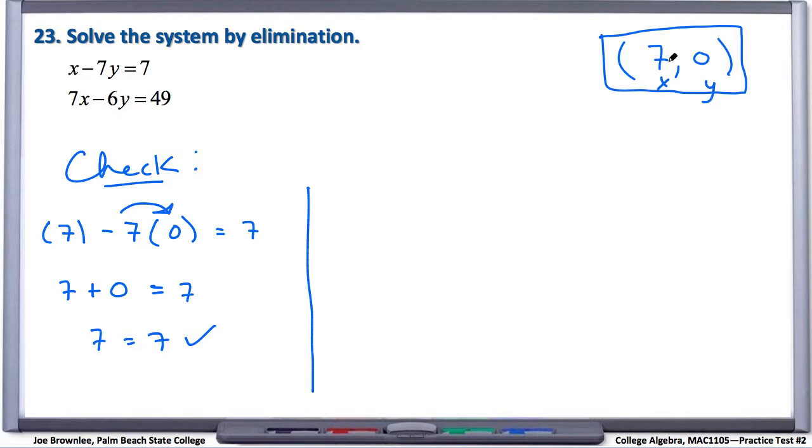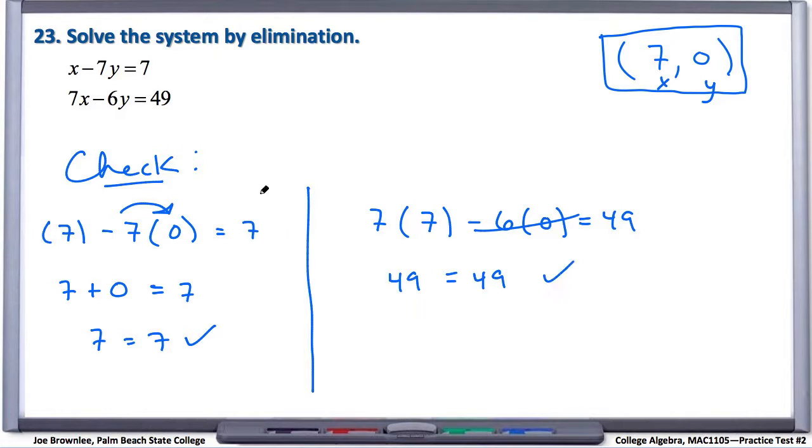All right, let's see if our solution works in equation 2. So we have 7 times 7 minus 6 times 0 equals 49. Well, 7 times 7 is 49. Negative 6 times 0 is 0, so that goes away, equals 49. This is a true statement, and so it also works in the second equation.